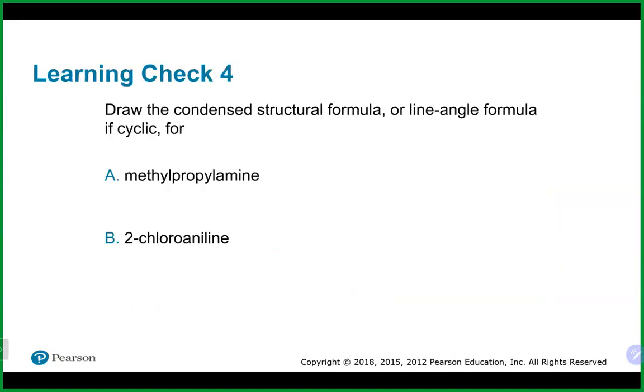All right, so why don't you draw these guys? We're going to draw an amine. So we'll start with our nitrogen here. And methyl means 1 carbon. And we'll put the hydrogens. And propyl is 3 carbons here. We'll put our appropriate hydrogens.